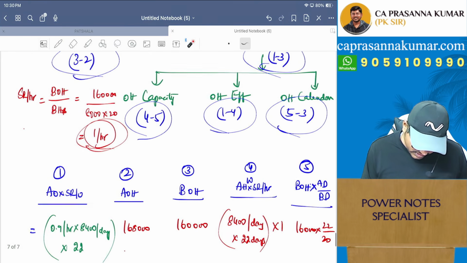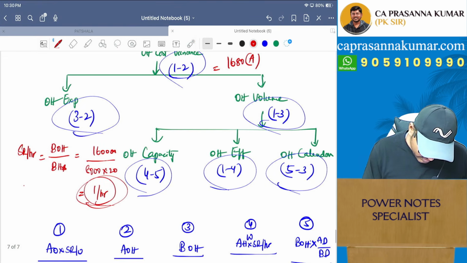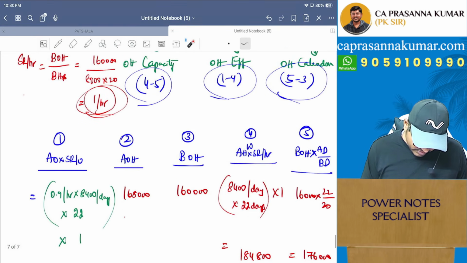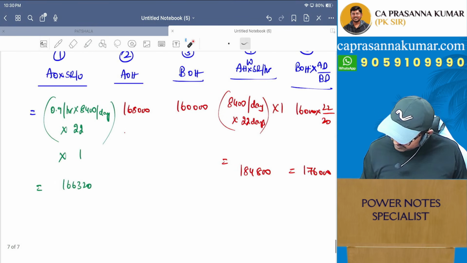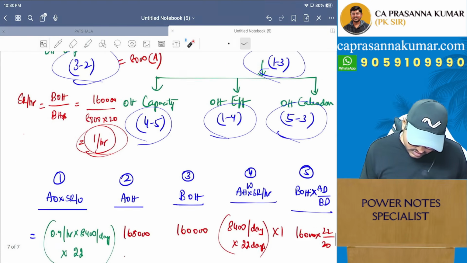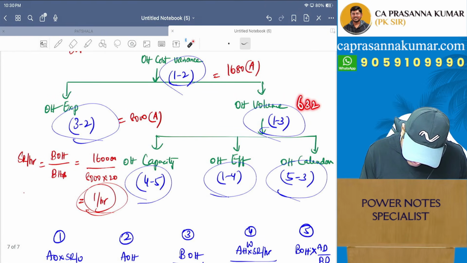It's also 8,000 negative. 8,000 negative means adverse. Volume variance, 1 minus 3. 1,60,000 minus 1,60,000. Positive, favorable. Volume variance is 320 favorable.